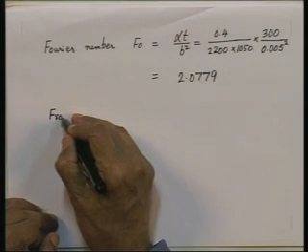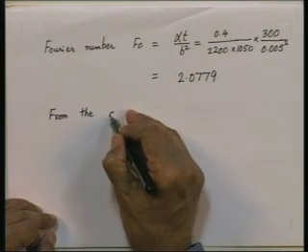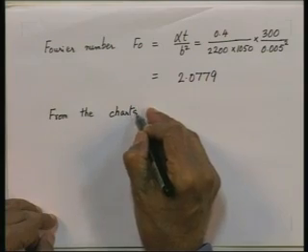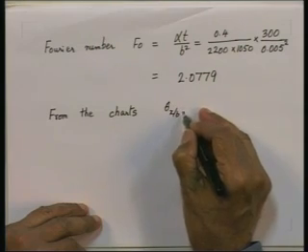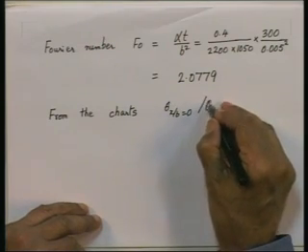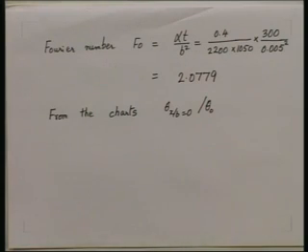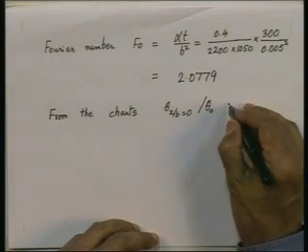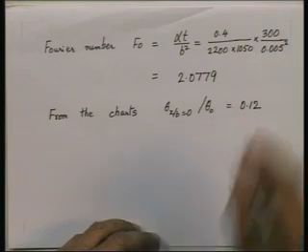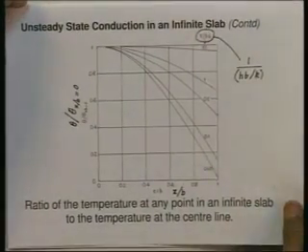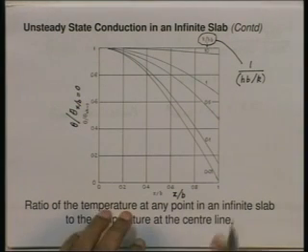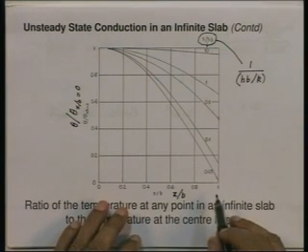So, let us write down that from the chart. The first chart gives me theta at x by b equal to 0 divided by theta naught, corresponding to the value of the Fourier number and the 1 upon the Biot number, about 0.12. All right. The second chart gives me the ratio of the temperature at any point to the temperature at the center line. We want the temperature at x by b equal to 1.